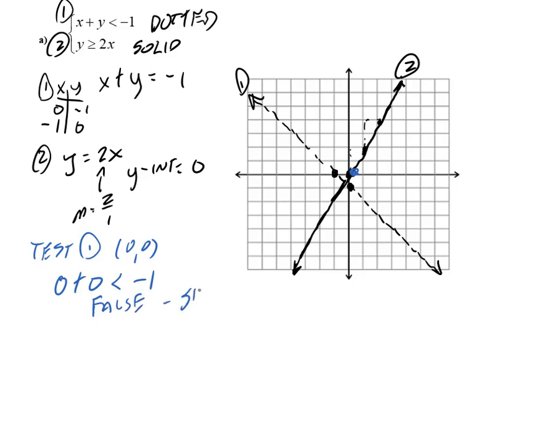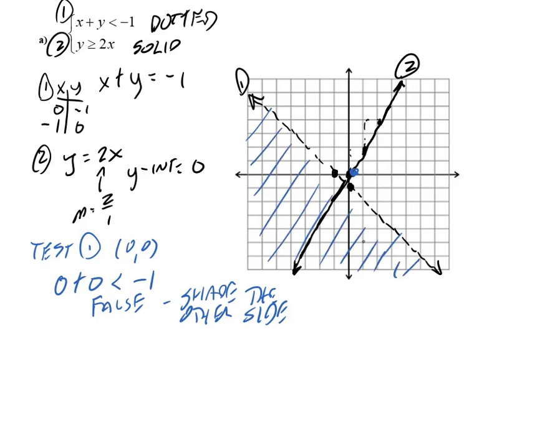So I basically need to shade the other side. If I shade the other side of the dotted line, I'm just going to draw straight lines here. The blue lines would be the shaded side of the dotted line.